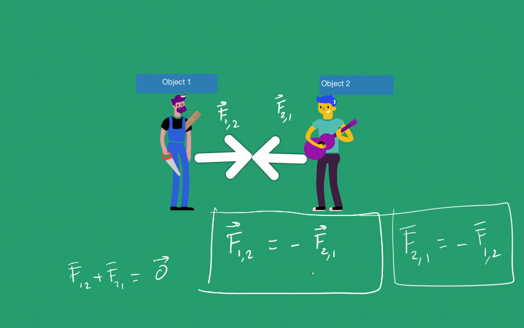Okay, this is what the third law of Newton says. But again, the force acting on 1 is acting on object 1, and the force acting on 2 is acting on object 2. So the sum is 0, but it's 0 acting on the two bodies. It's not 0 acting on object 1, or 0 acting on object 2. The force is 0 acting on the set, on the system of the two bodies.